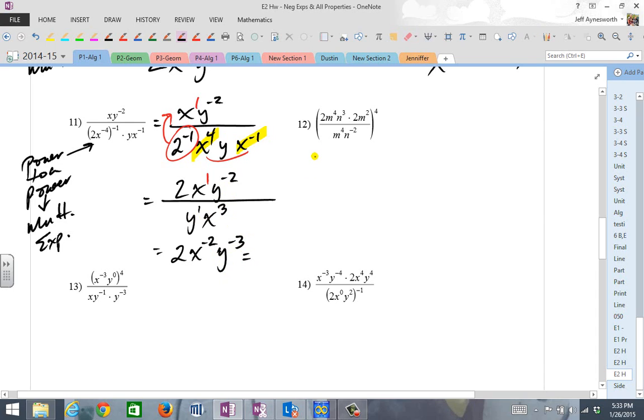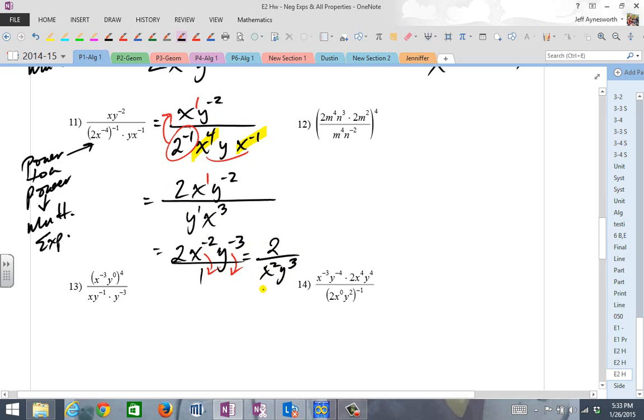Lastly, you want to rewrite your answers using positive exponents, so you want to shift. So this shifts down below. And because all this is in the numerator, this wants to shift down below, this one wants to shift down below, so we get 2 divided by x squared times y cubed.